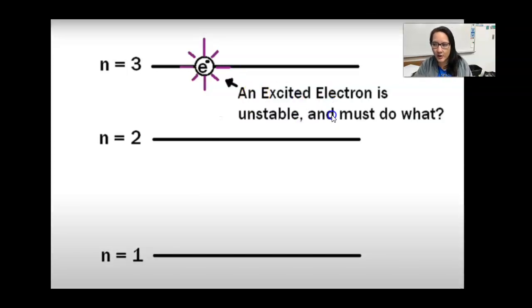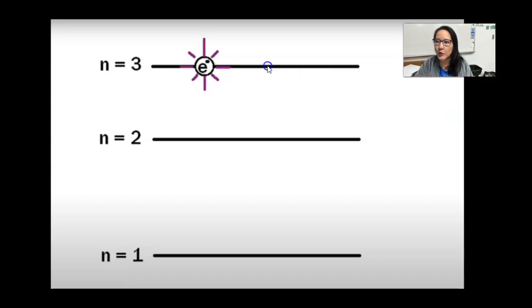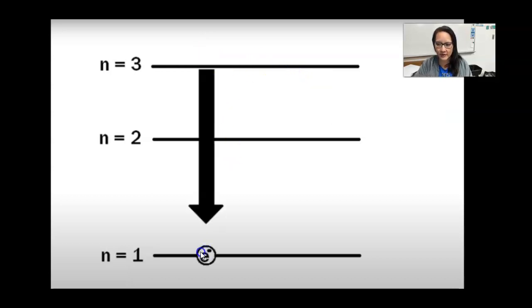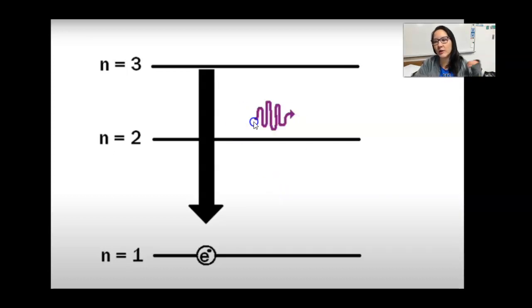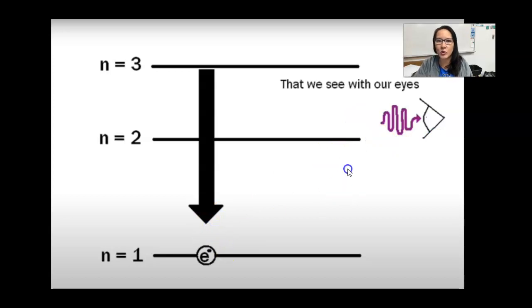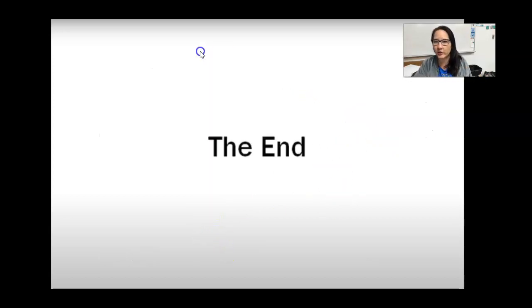It's unstable, therefore it's going to have to fall back down to the ground state. And when it drops back to the ground state, it's going to release that energy it absorbed, but this time it's going to release it in the form of light. And it's going to be violet colored light because the energy that was absorbed was enough to raise us up to energy level 3, and so the release was a violet color.